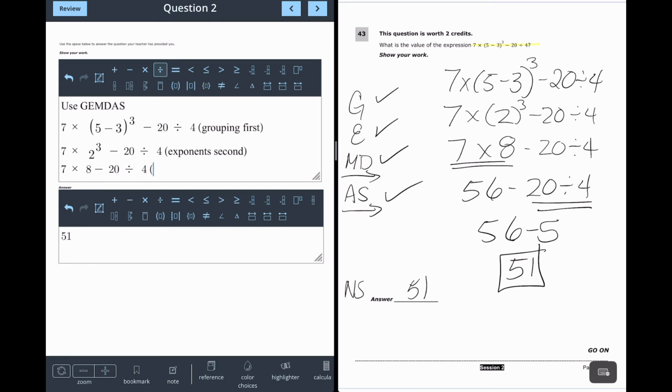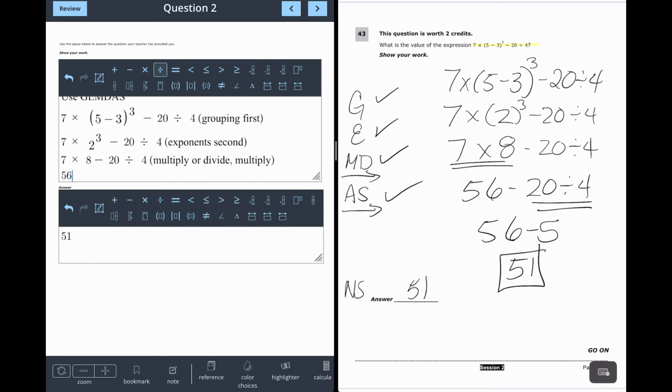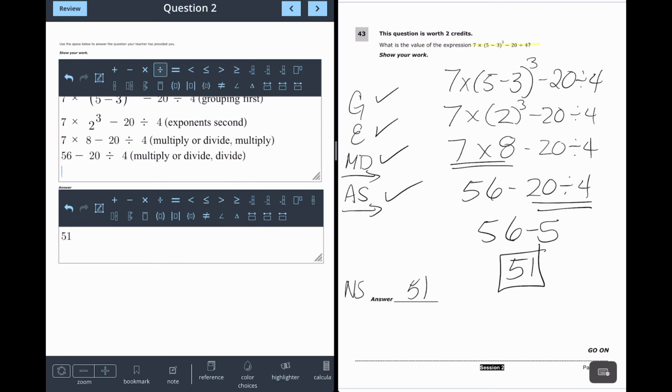So what am I going to do next? Multiply or divide. And I'm going to pick multiply. So I have 56 minus 20 divided by 4. Multiply or divide, and I'm going to divide. So now I have 56 minus 5.